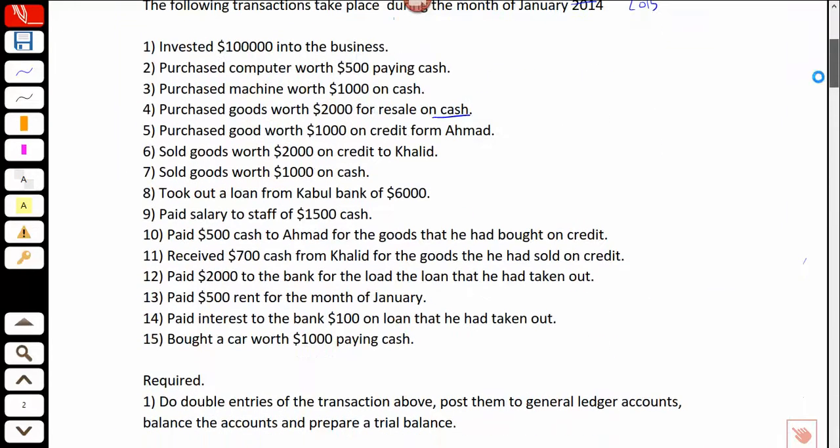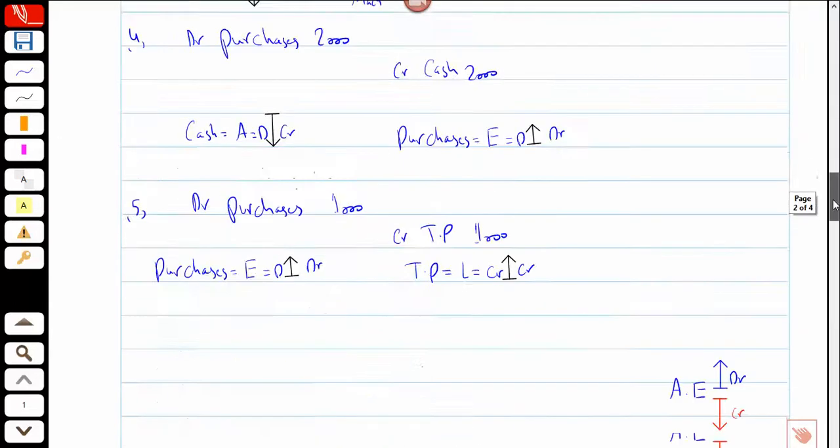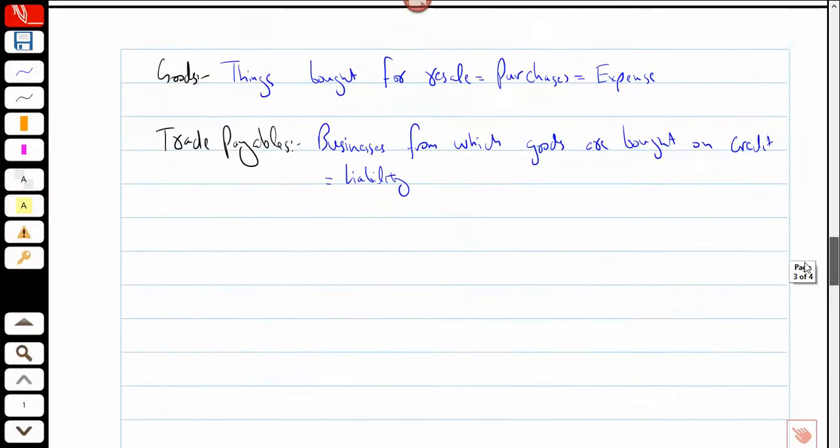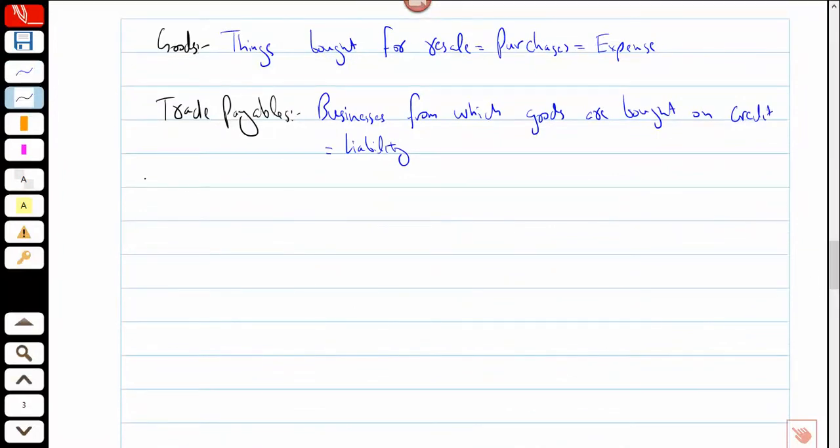Next, sold goods worth 2,000 on credit to Khalid. I want to talk about something else here, trade receivables. What is trade receivables?